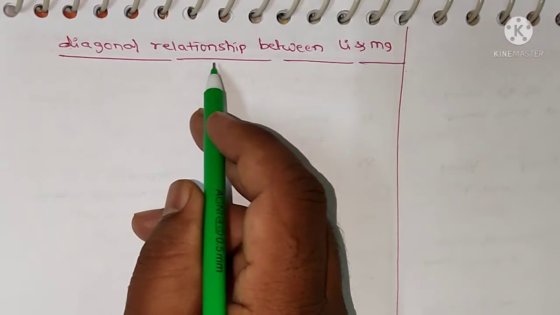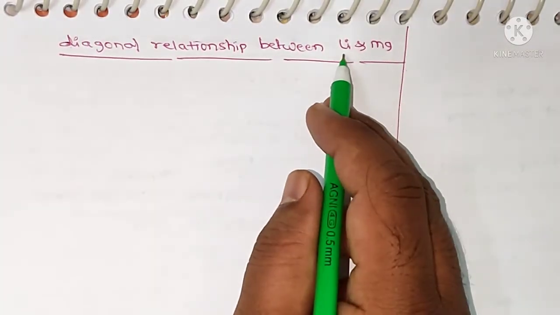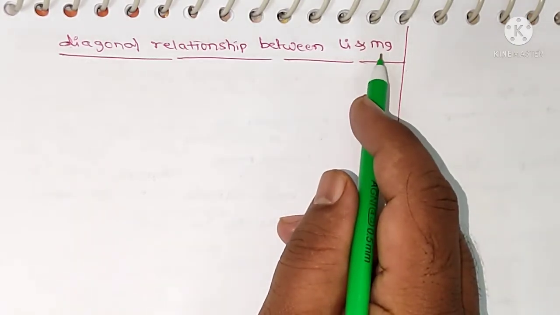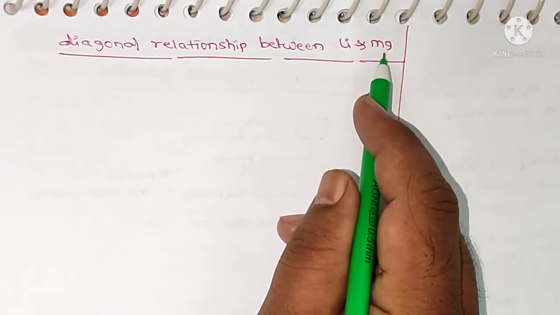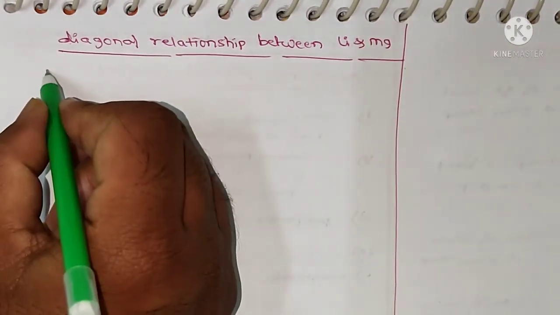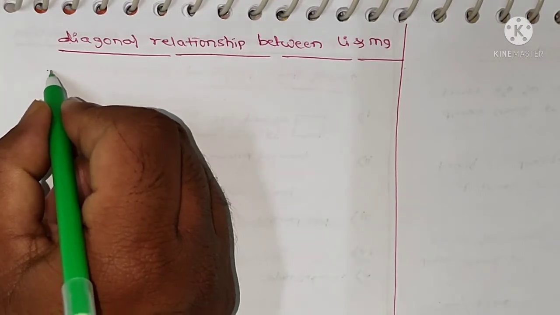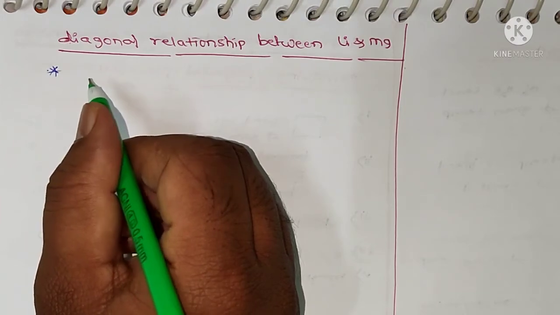Next one, diagonal relationship between lithium and magnesium. Lithium is the first element of the first group and magnesium is the second element of the second group. So here the lithium shows diagonal relationship with magnesium, means similar properties.